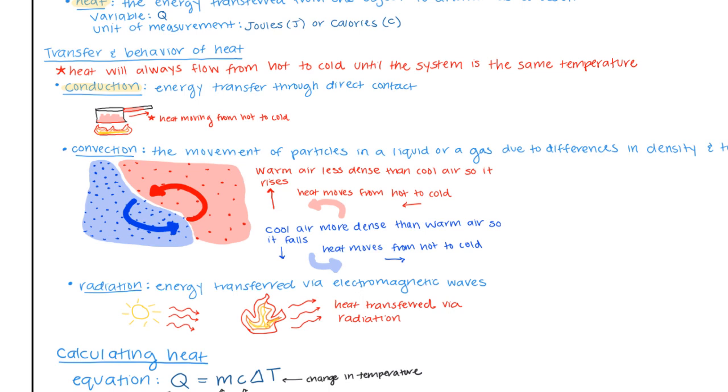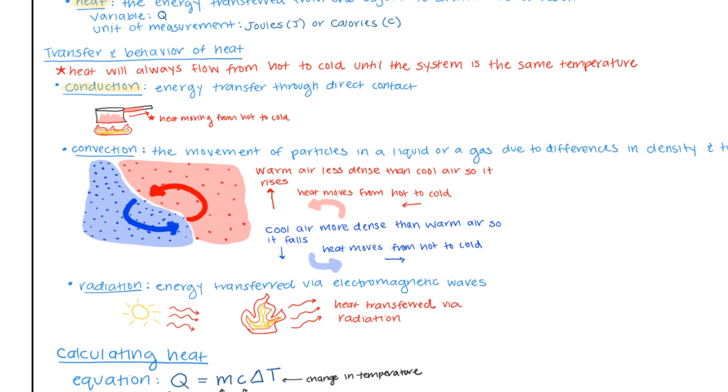So energy is transferred through direct contact via conduction. So you'll notice if you've ever held a pot over the stove or been cooking before, over a gas or electrical stove, the heat from the stove is going to rise throughout the metal pot and eventually reach your hand.